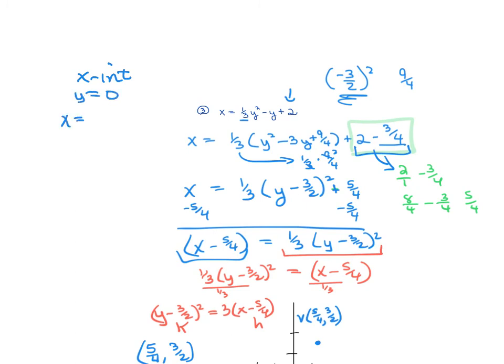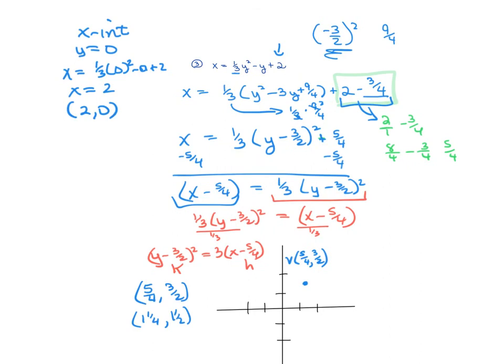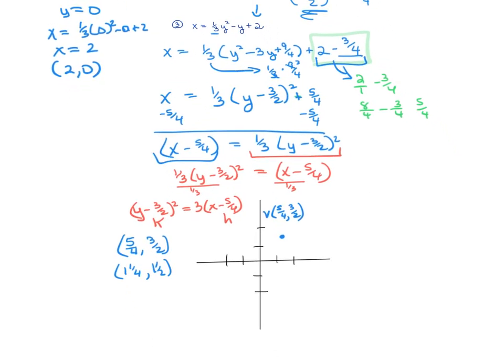So x equals 1/3 times 0 squared minus 0 plus 2. So x equals 2. So now I have an x-intercept of (2, 0). So that could be my additional point.